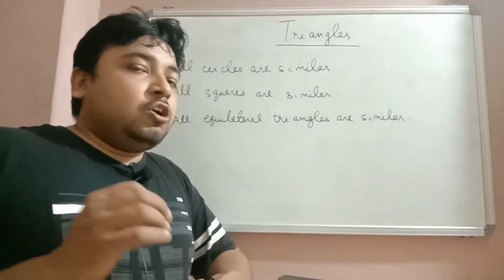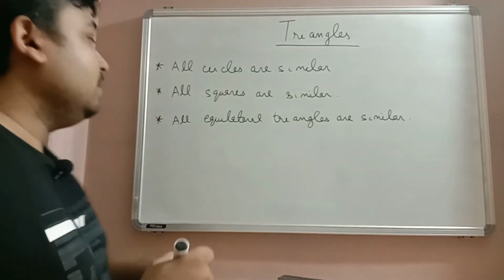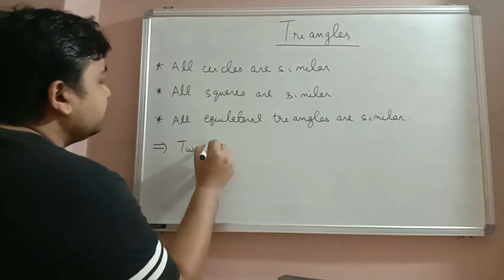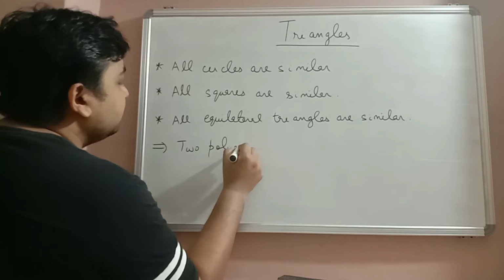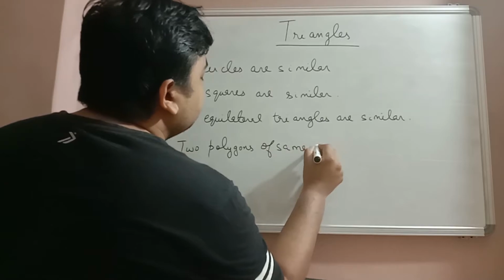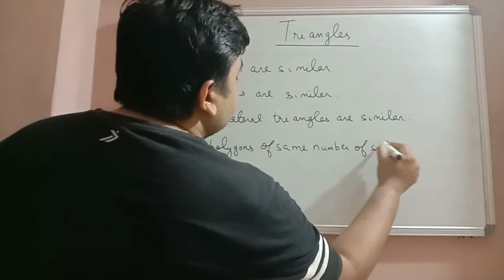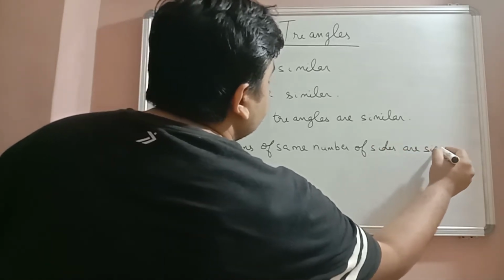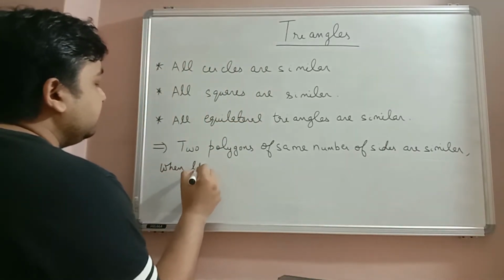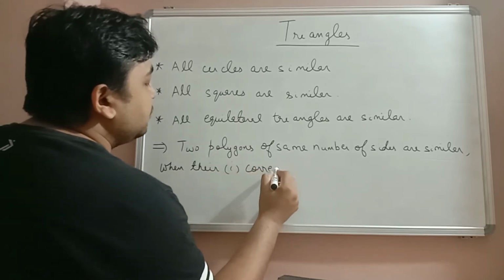Alright, now let's talk about when two polygons are similar. So we can conclude that two polygons of the same number of sides are similar when there are two things we have to study here.